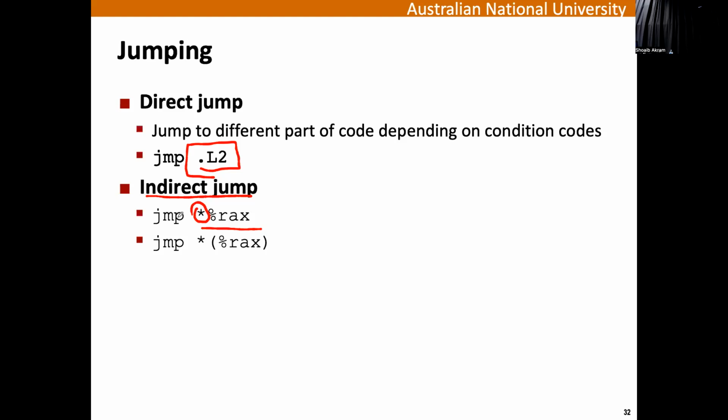What is the last jump doing? Whenever you have parentheses, what happens? Treat register RAX as an address, go to that memory location, and whatever is stored at that memory location is the address of where to jump.